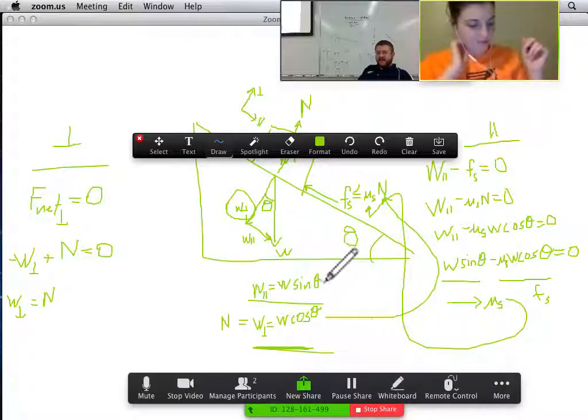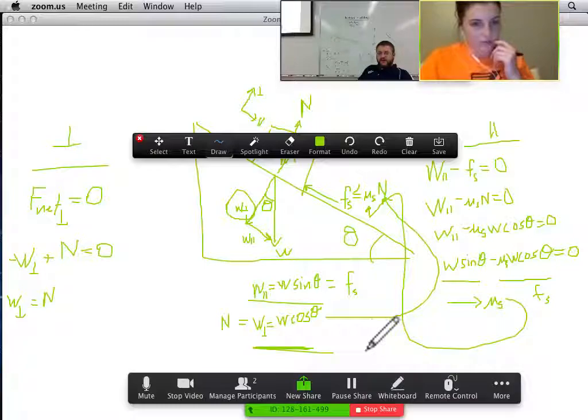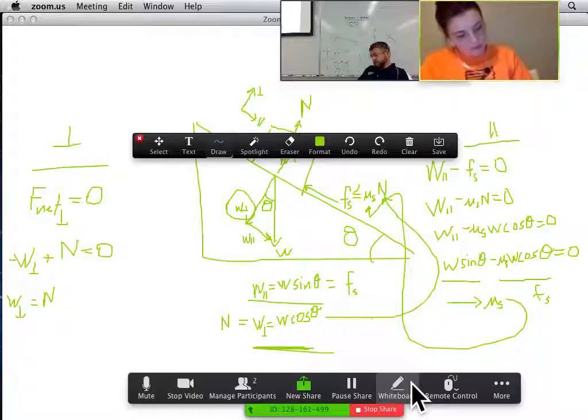So in the end, this is equal to your static frictional force, and this one is equal to your normal force as already written. So, it's a tricky problem.